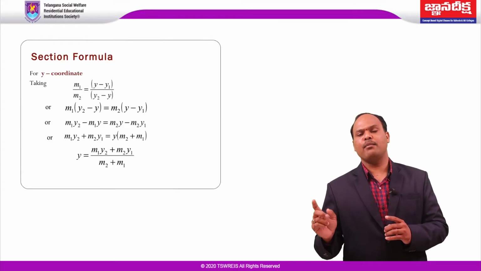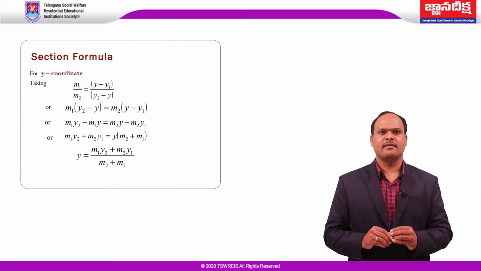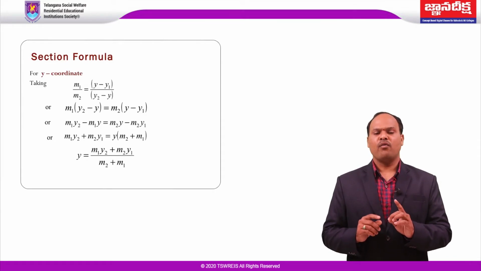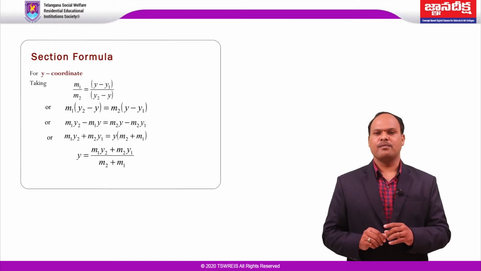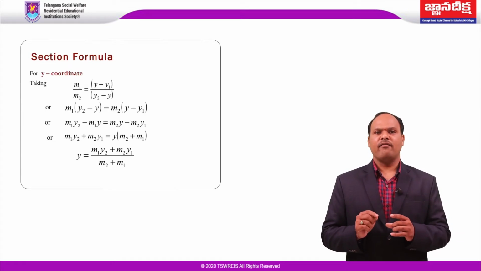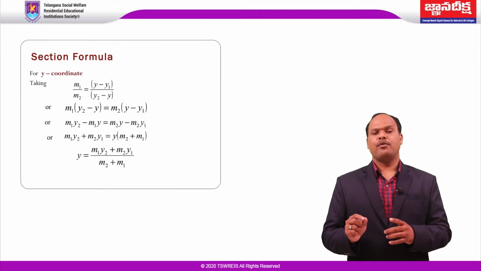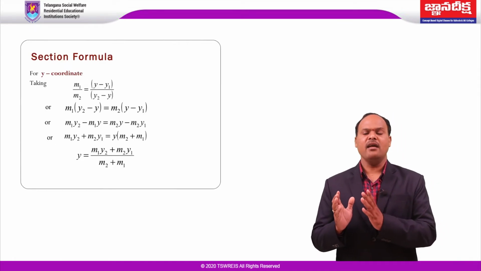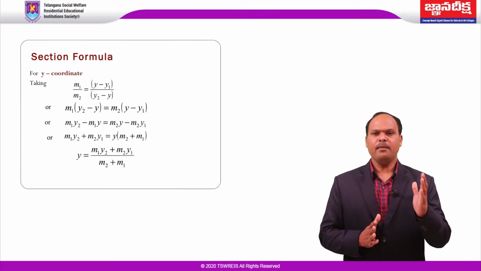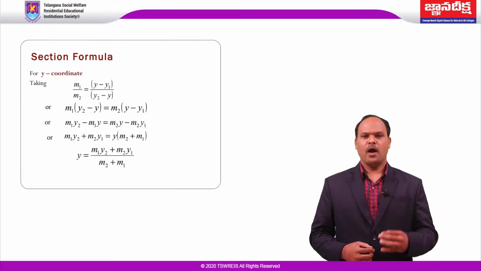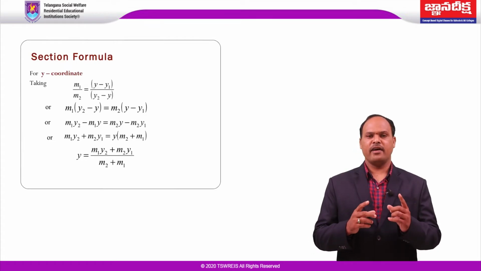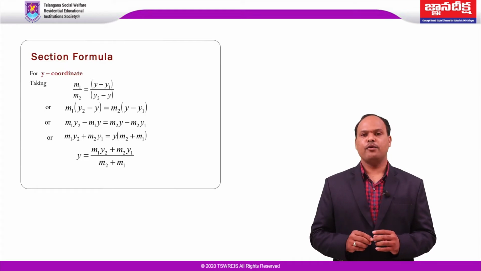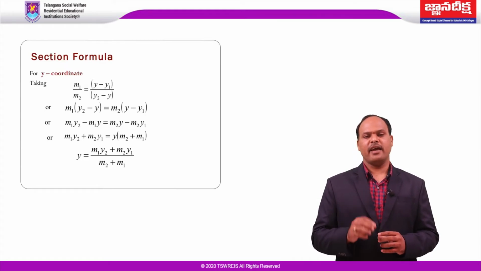So I have taken minus m2y1 from RHS to LHS. So we got m1y2 plus m2y1 is equal to y into m1 plus m2. Finally, y is equal to what? m1y2 plus m2y1 by m1 plus m2. So we got x coordinate and y coordinate of the point P. Okay. Now we got the section formula, that is m1x2 plus m2x1 by m1 plus m2, comma m1y2 plus m2y1 by m1 plus m2.